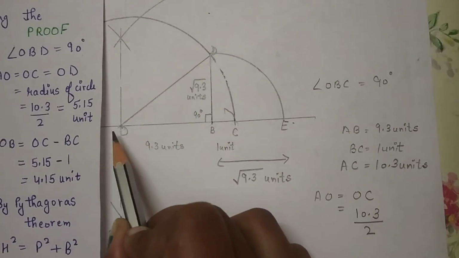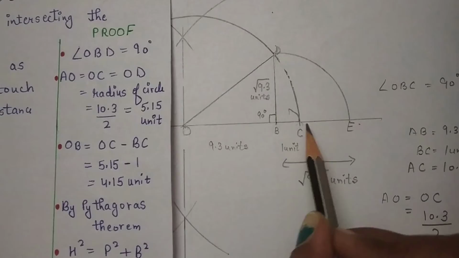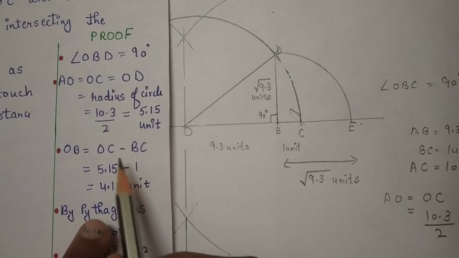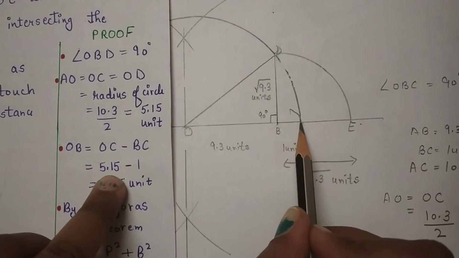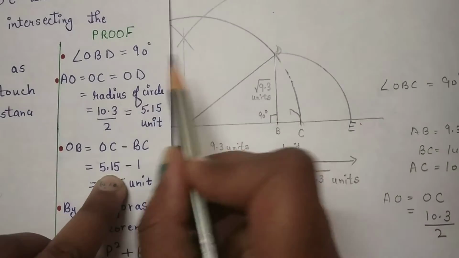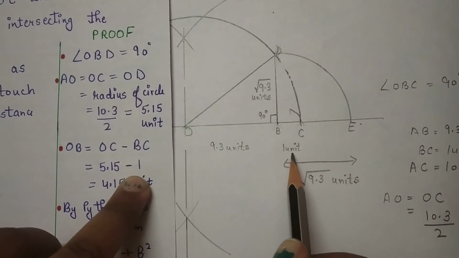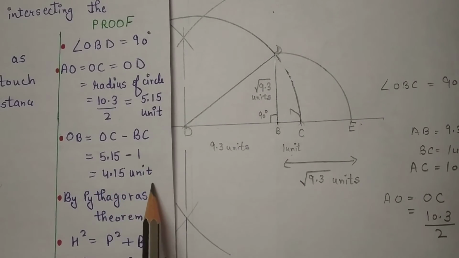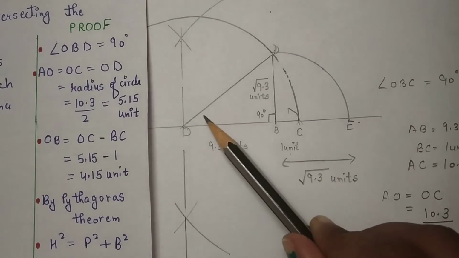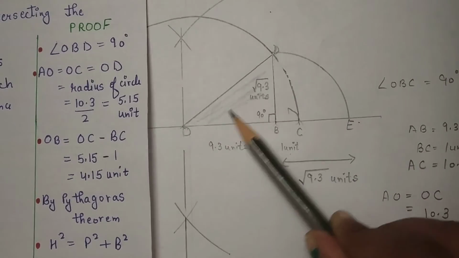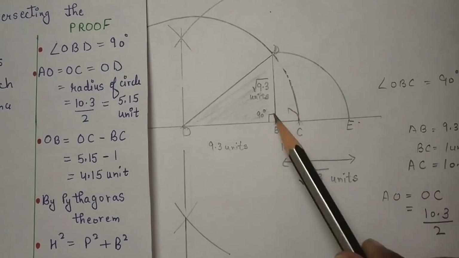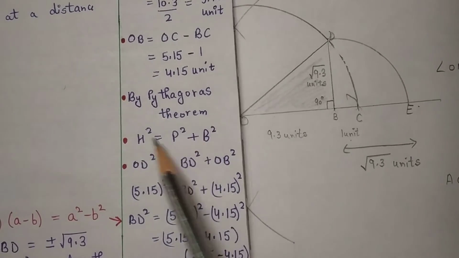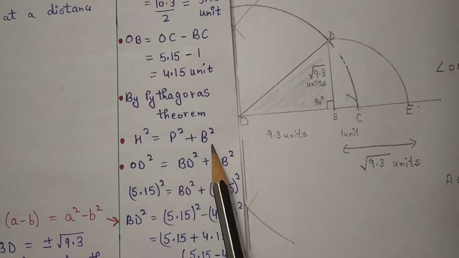Now OB is equal to OC minus BC. OC whole line minus BC is OB. OC is 5.15 because this is the radius of this semicircle, minus BC. BC we have taken as 1 unit. So I have got 4.15 units. Now applying the Pythagoras theorem in this triangle to prove that BD is root 9.3 units. Hypotenuse square is equal to perpendicular square plus base square.